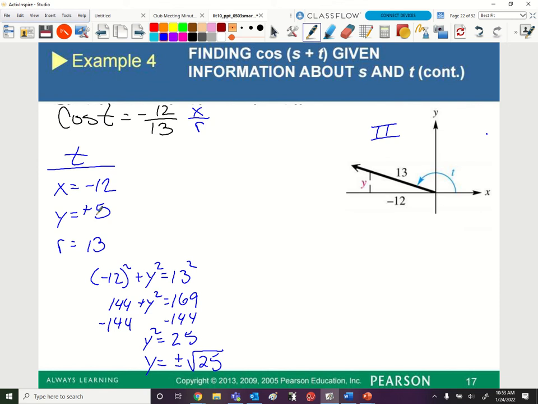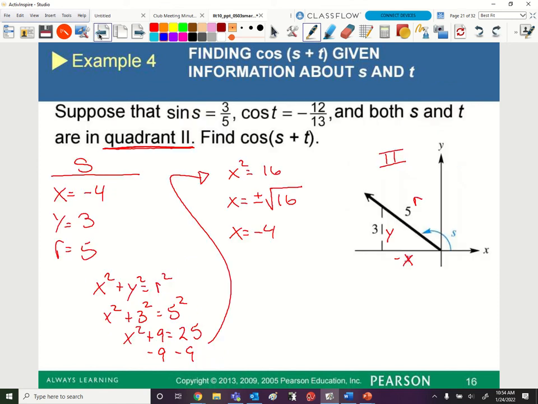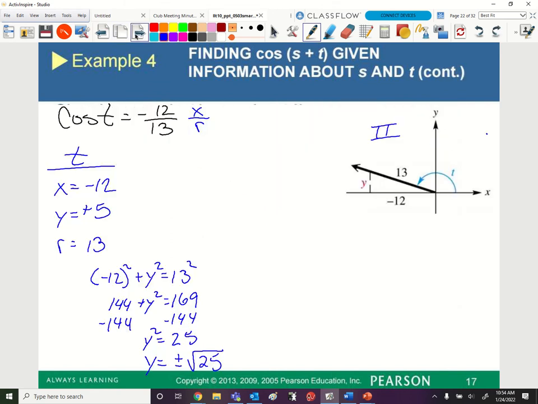So now I have all my values for x, y, and r for my t. Now I'm going to go back to the original problem because this is a little bit longer. And for this one right here, both s and t are in quadrant 2. Find cosine of s plus t.